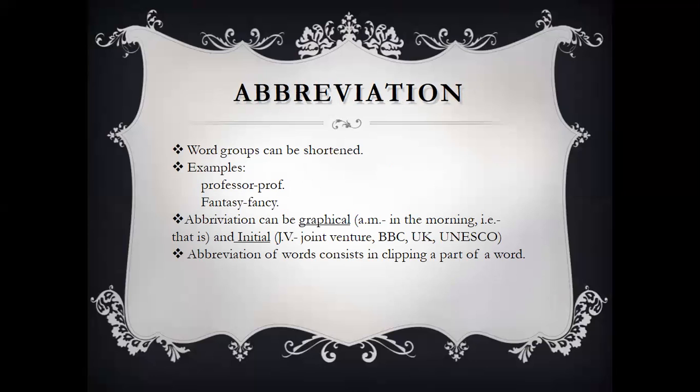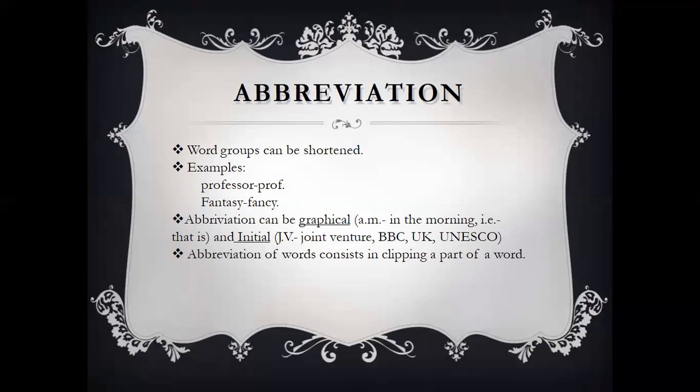Words and abbreviation. You know that abbreviations are words which can be shortened. And there are some types of abbreviation in English: initialism, acronyms, shortenings, and contractions.